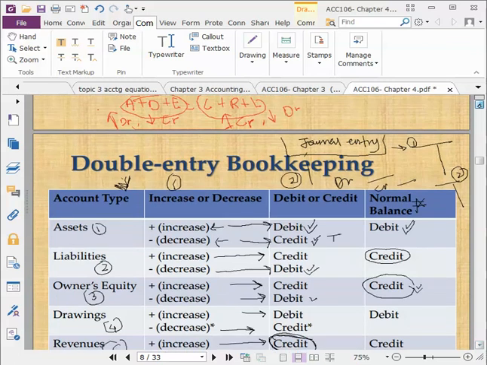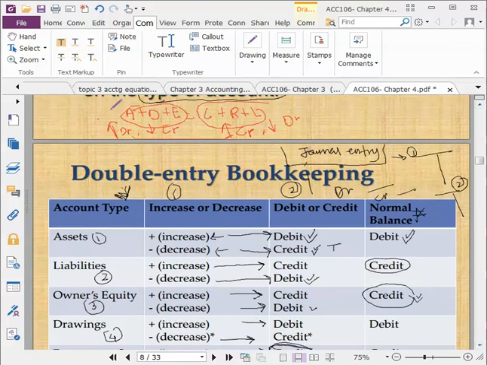Anyway, you must understand and remember this formula. Please make sure that you know what the amount for the transaction is and what the element for the transaction is. After you know the element, make sure whether it's an increase or decrease, the effect.